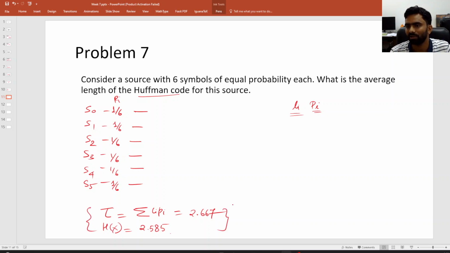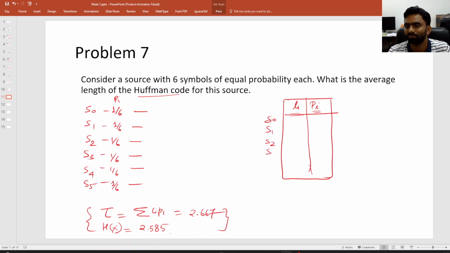So try by yourself from this table. Clear?